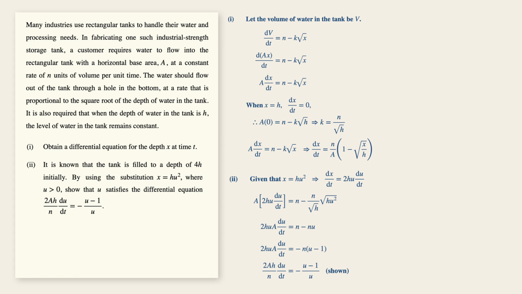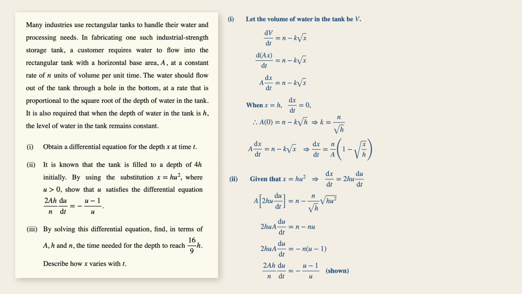Now moving on to part 3, by solving this differential equation, find in terms of a, h and n the time needed for the depth to reach 16 over 9 h, and describe how x varies with t. The parts in all these questions generally guide you towards the final answer.